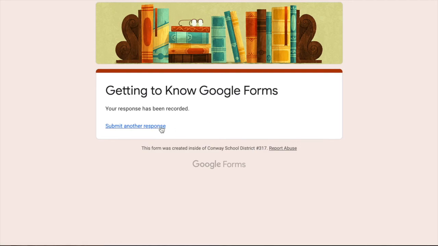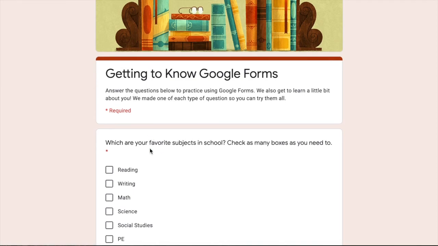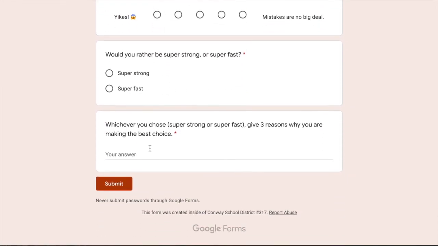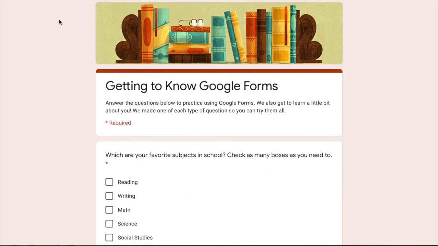Now, if I click Submit another response, it'll let me take it a second time, but I don't have a choice to go back and retake it. So just pay really close attention to those directions at the end. And if you accidentally make a mistake and you need to get back in, you can always send us an email and we'll help you figure out your Google form problem.